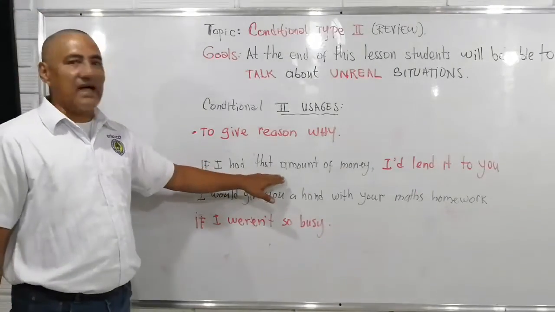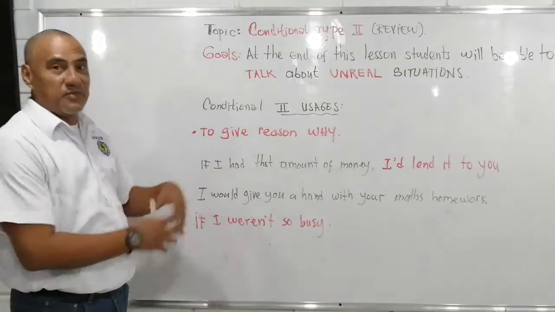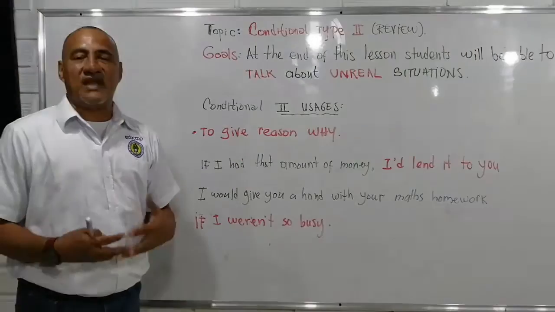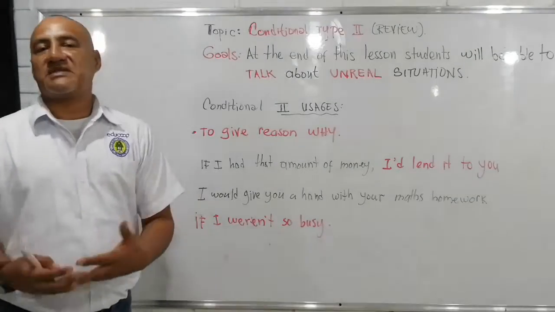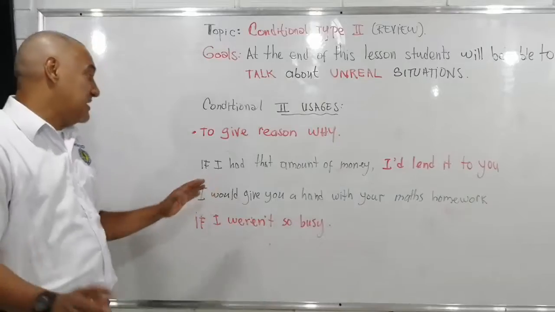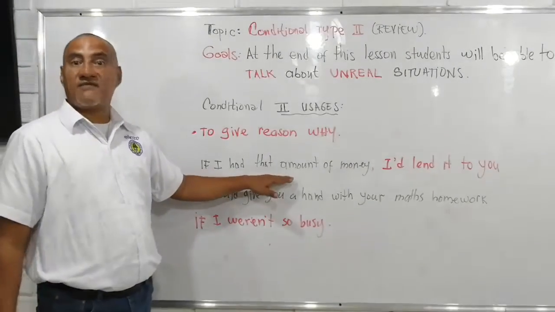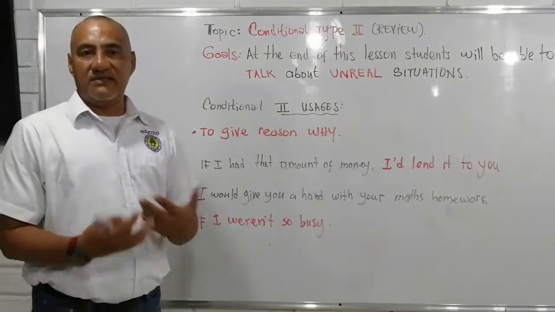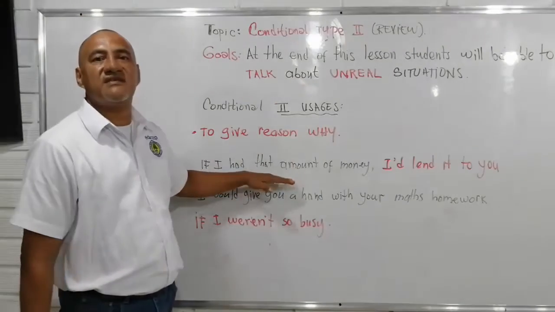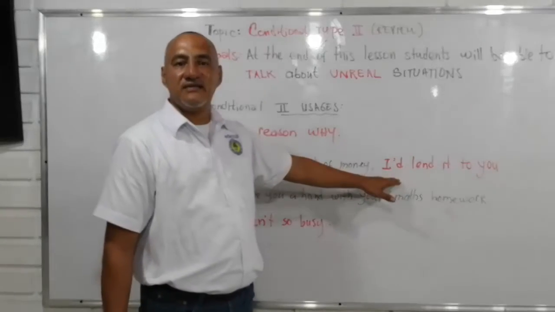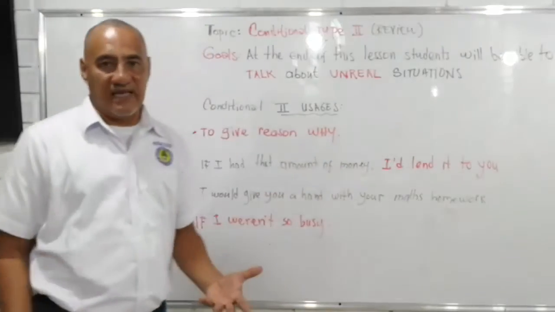If I had that amount of money, so let's suppose that someone approached you to borrow some money and you didn't have it. Say, I'm sorry, but if I had that amount of money, si yo tuviese esa cantidad de dinero, I'd lend it to you. So here we're just giving a reason why we cannot lend the money in this case.